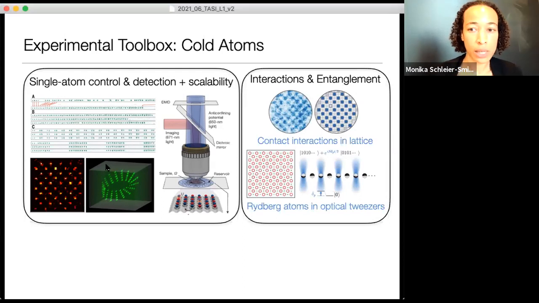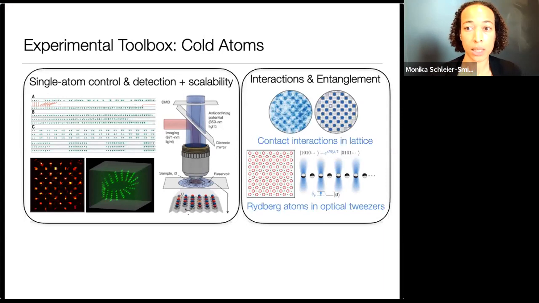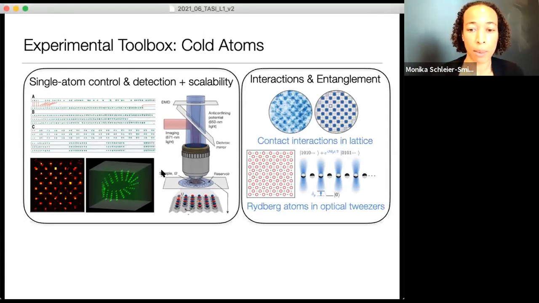And what I've shown here on the left is saying there's good control over the individual particles, but of course, if we want to study some quantum many-body physics, we also would like to generate some kind of interactions. And there are also tools for generating interactions. For example, one thing you can do is trap these atoms in an optical lattice that's formed from a standing wave of light. And if two atoms sit on the same site, they interact with each other.